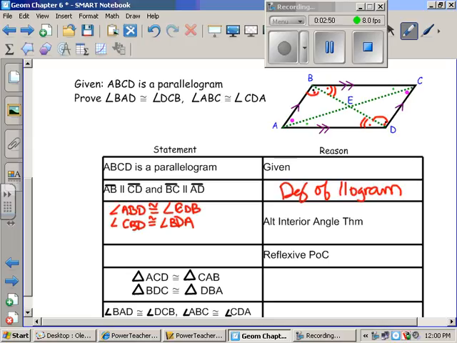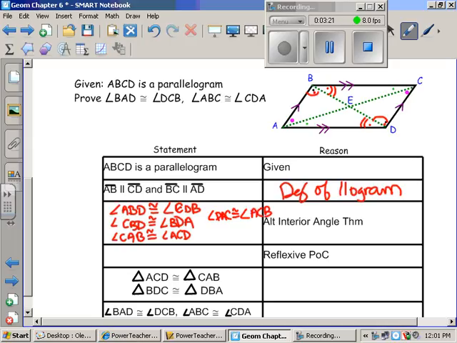So angle CAB is congruent to its alternate interior, which is ACD. And the final one, BAC, is congruent to angle ACB.